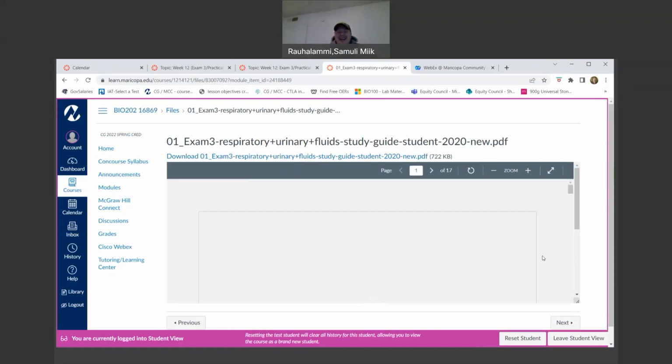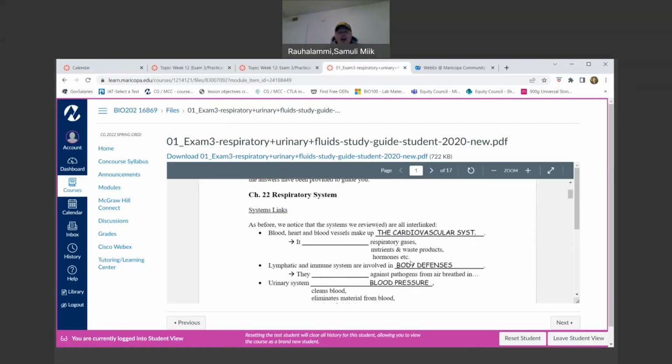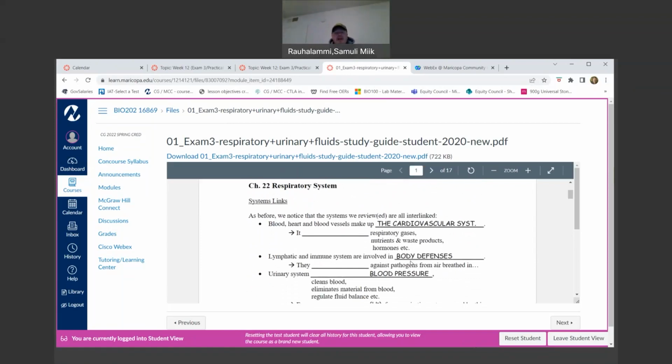That's why it's not a fully completed guide. What we're going to do on this morning's review session is take our time and work our way through the study guide, filling in the gaps here and there, and reminding ourselves of the material that's being covered in this exam.